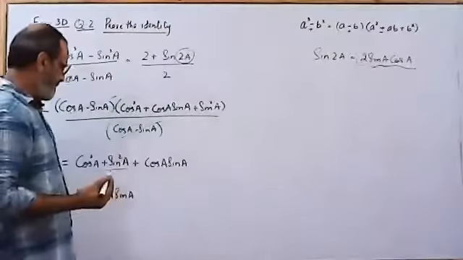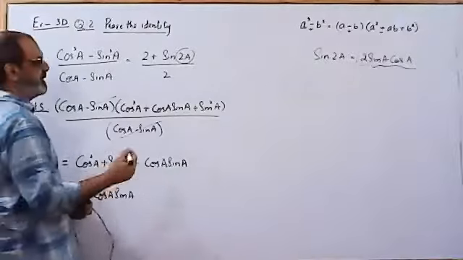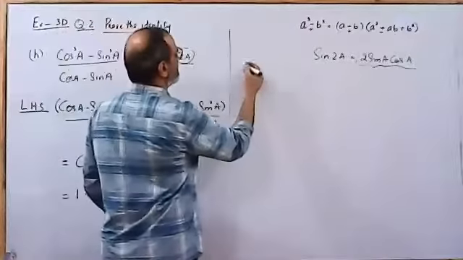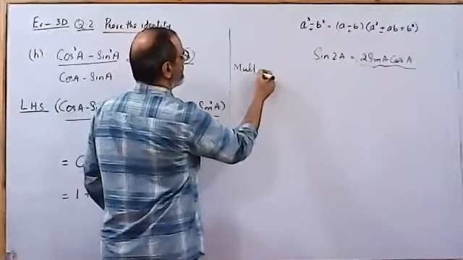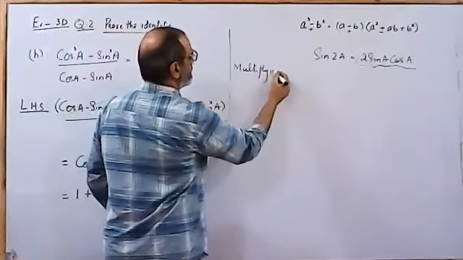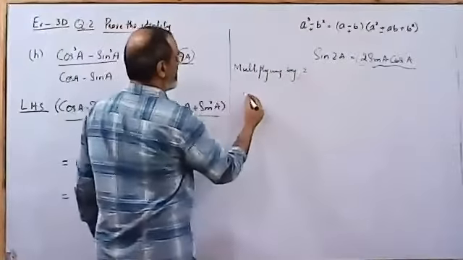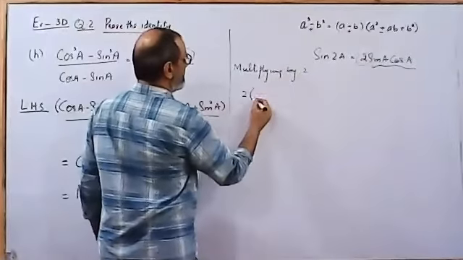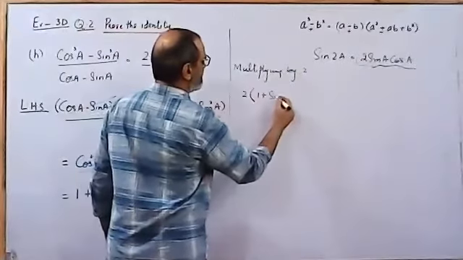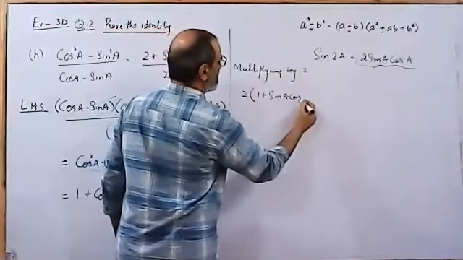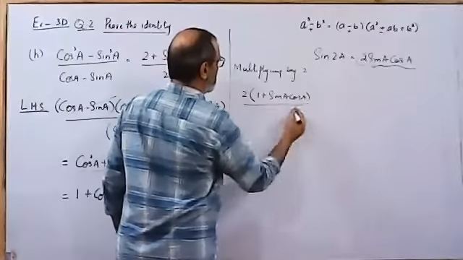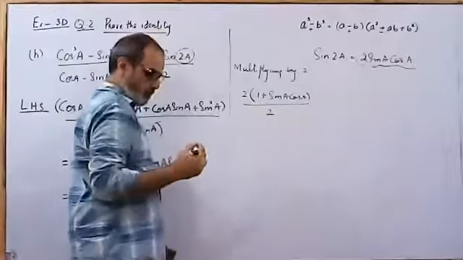So I will multiply numerator and denominator by 2. So I am multiplying the numerator as well as the denominator by 2.